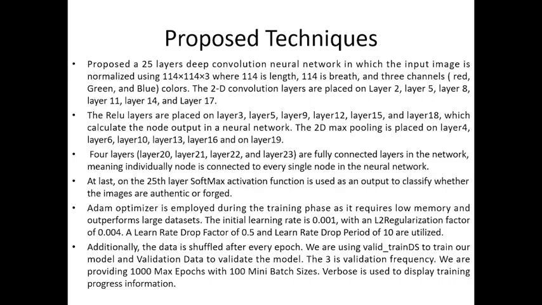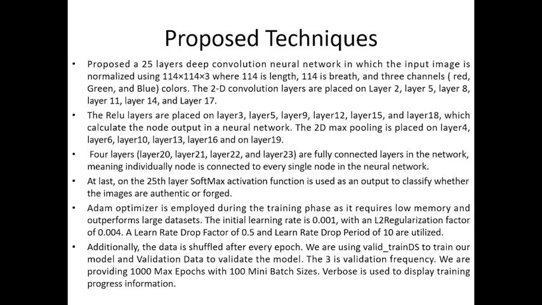Now the proposed technique which I have used is a 25 layer deep convolutional neural network in which the input image is normalized to 114 by 114 by 3, where 114 is the length, 114 is the breadth, and 3 represents the channels, that is red, green, and blue color.